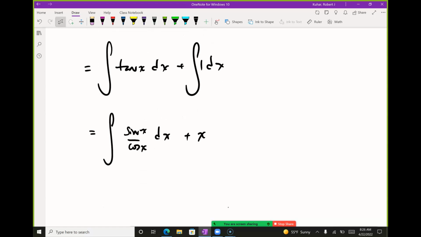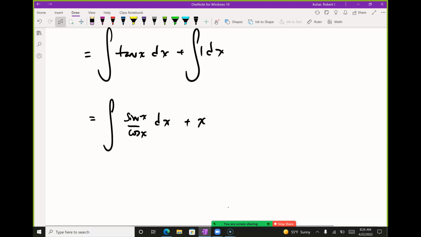The integral of 1 is x. I don't need to do the plus c until I'm done with all the integrals. So there might have been a plus c here, but then I'm going to get another plus c from the other integral, and then I'm going to put those two constants together and get a different c. But it doesn't matter. We don't know what it is, right?